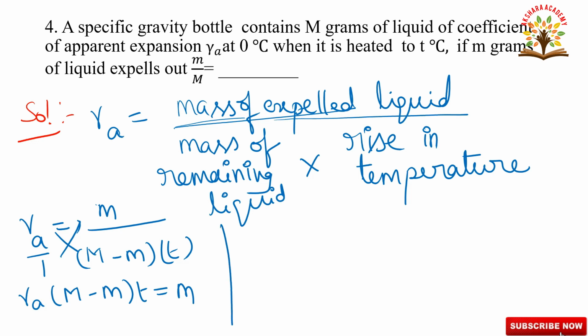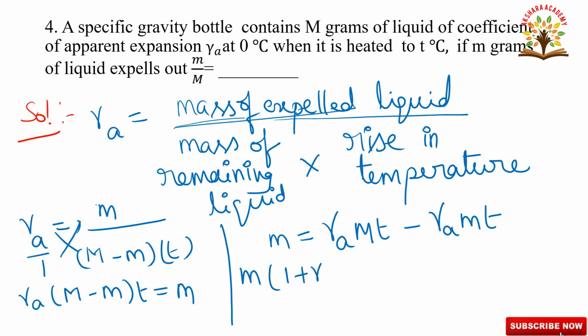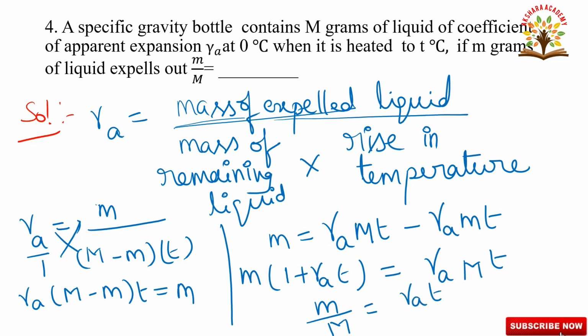Small m is equals to, taking multiplication, gamma A M into T minus gamma A small m into T. Here m taking common, 1 plus gamma A T, that is equals to gamma A capital M into T. So the ratio of small m by capital M is equals to gamma A into T by 1 plus gamma A into T. This is the final answer.